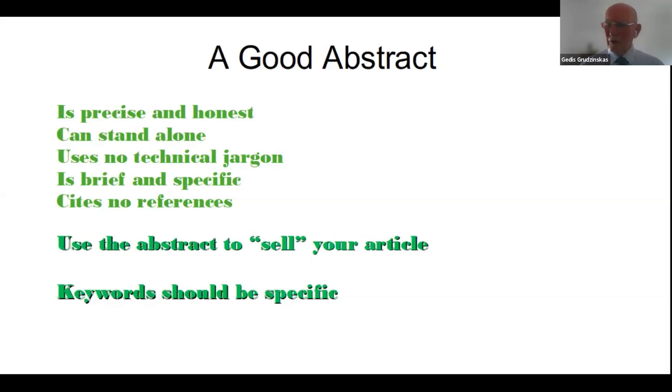But the basic principles of the abstract are listed above. Precise means accurate. Stand alone, easily understood without going into the body of the article. Use language that the reviewer and the editor can easily understand.